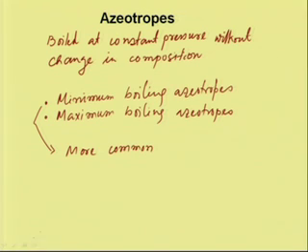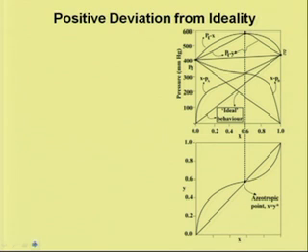Now, we can see two types, as we said, one is minimum boiling azeotropes and another is maximum boiling azeotropes.